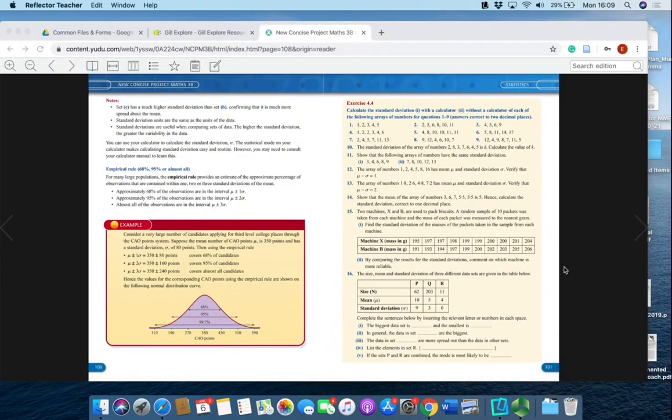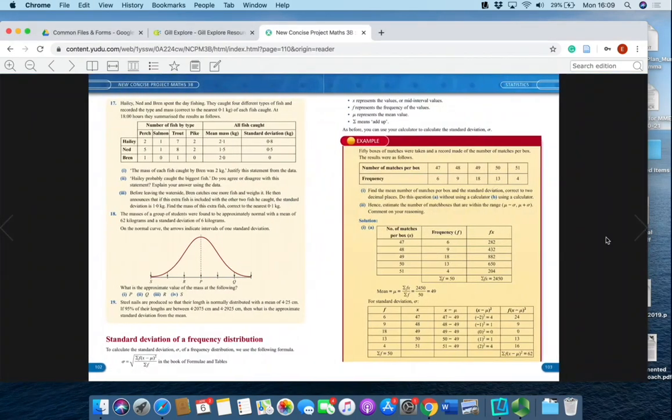Okay, and that's what's in that little box here about the CEO points. Have a read of the example, have a look at it, see what you think. And I'm going to do question 18 and 19 with you there.